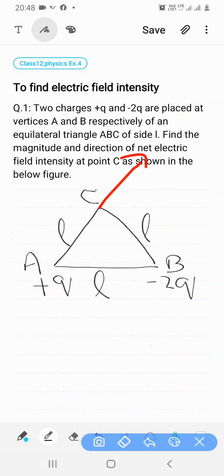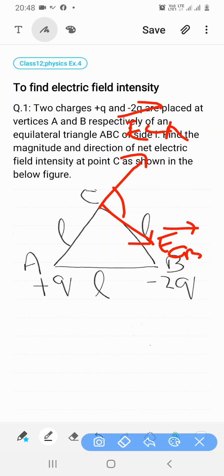Here is direction, vector ECA, and here is vector ECB. So angle between vector ECA and ECB will be 120 degree.